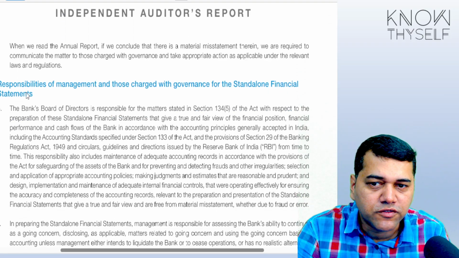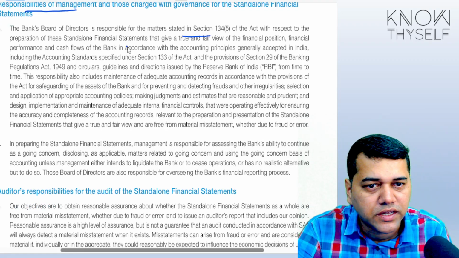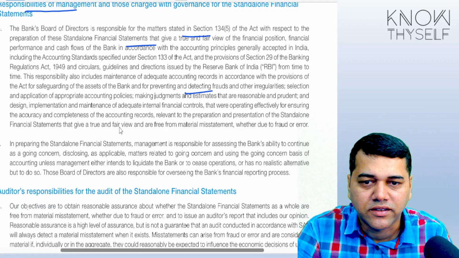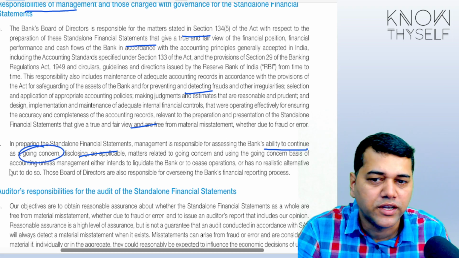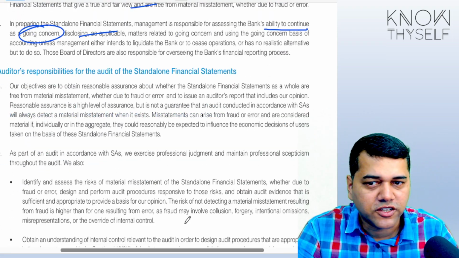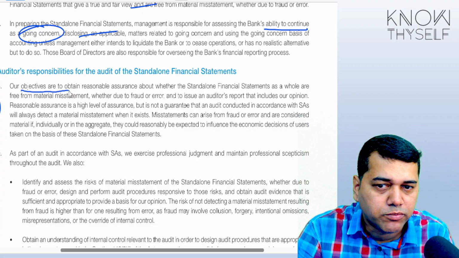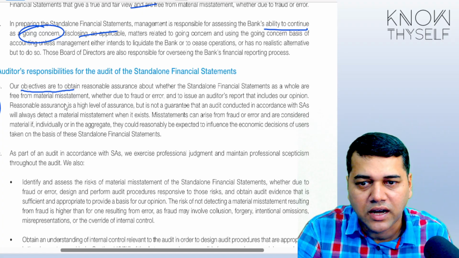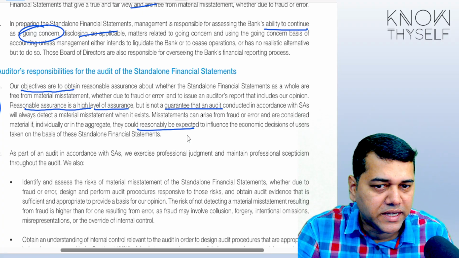Then responsibilities of the management. They explained that the board of directors are responsible for maintenance of the internal control, going concern assessment, everything they have told. Ability to continue as a going concern. Then auditor's responsibility. There are three sections. First section, what is audit? Our objective is to obtain reasonable assurance. It is a high level of assurance and it is not a guarantee. What is materiality?